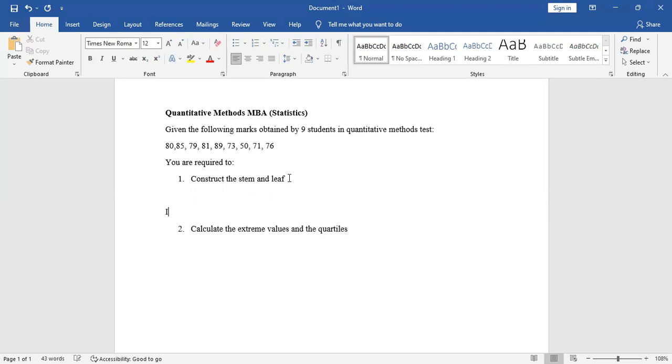The first thing is to identify the lowest number. In this case, the lowest number is 50. And then also identify the highest number.